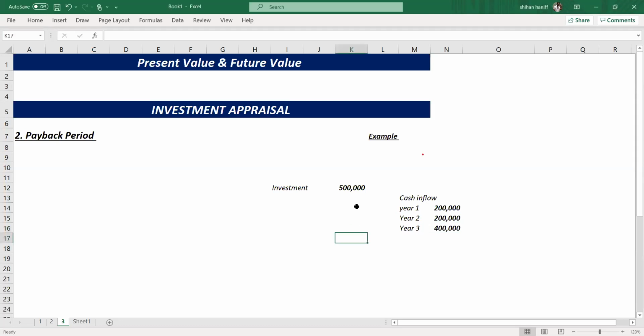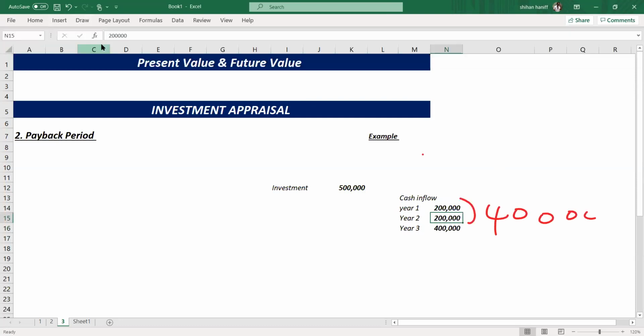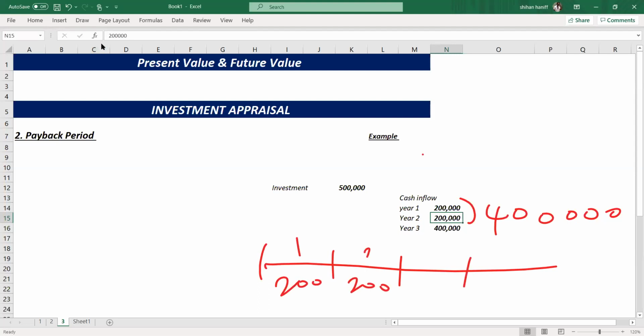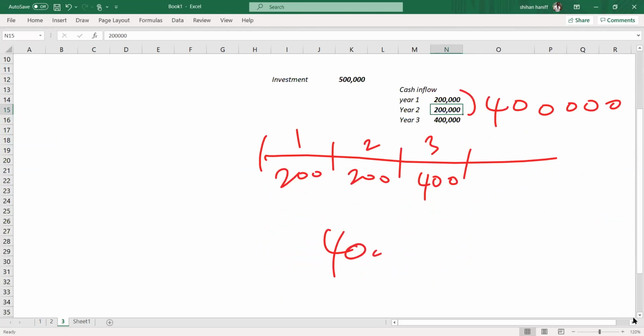Right. So investment 500,000, first year 200, second year 200. Altogether, you receive 400,000 in 2 years. Then you need another 100,000. Year 3, you get 400,000. So 400,000 is for 12 months.